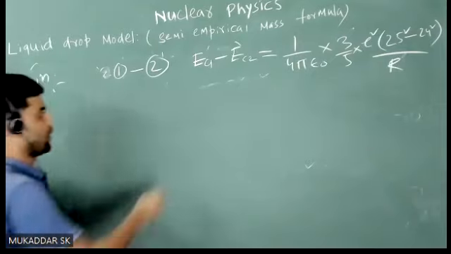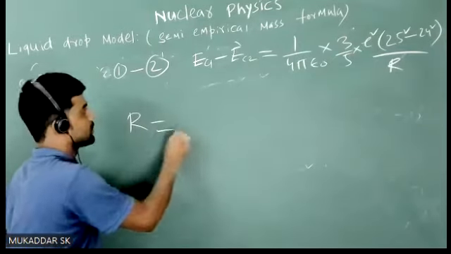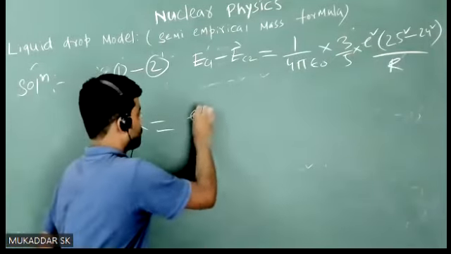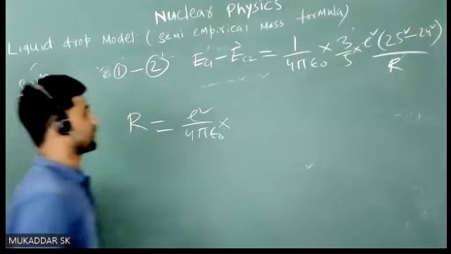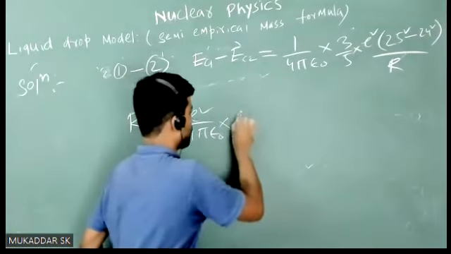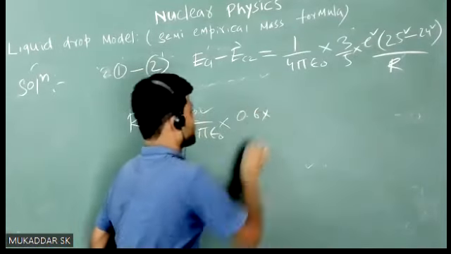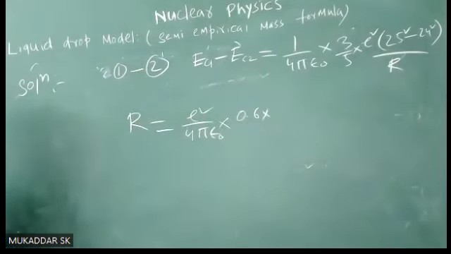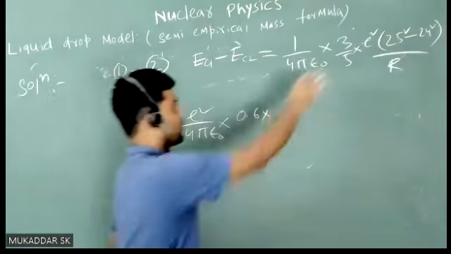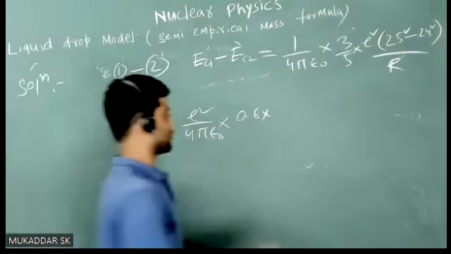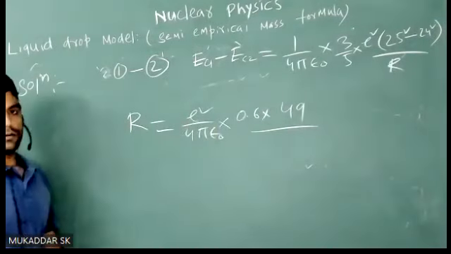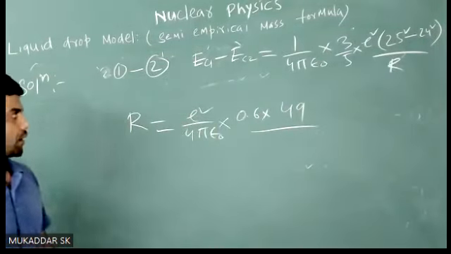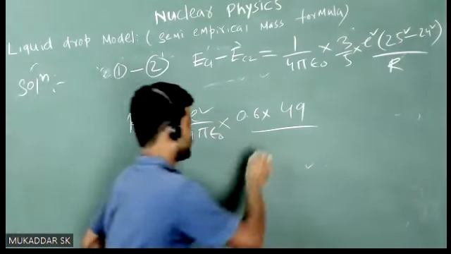So if you solve it, it will be basically E square by 4 pi epsilon naught. Then you will have 3 by 5, which is nothing but 0.6, right? 25 square minus 24 square, that will be 49. And EC1 minus EC2 is given as 6 mega electron volt.